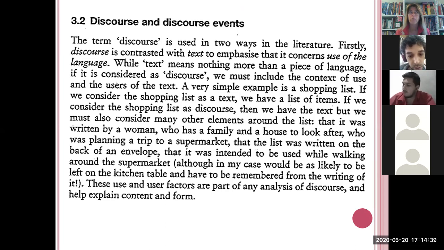Okay, I would like to add something to what Eileen said. Eileen said that discourse is longer than a sentence, because it's written somewhere here. Yes, it is, because before discourse analysis, when we analyzed language, what we analyzed was the sentence, like a sentence in isolation.